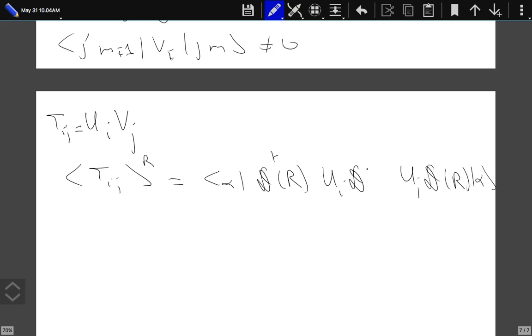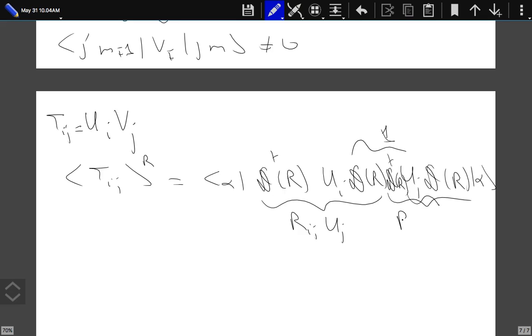Here I just insert D_R D_R dagger because this is 1. But then you see this is nothing but Rik Uk, and this is nothing but, let me call this l, Rjl Vl.